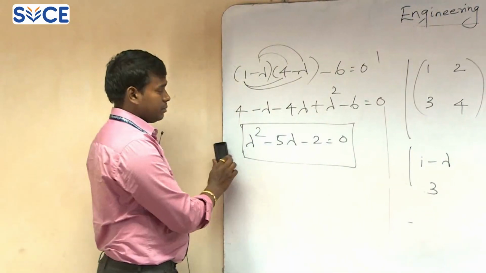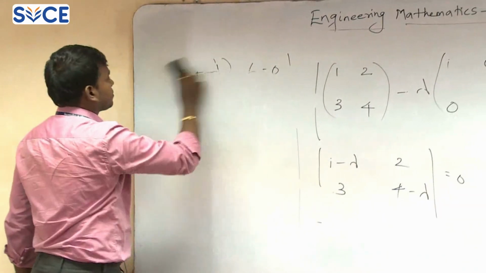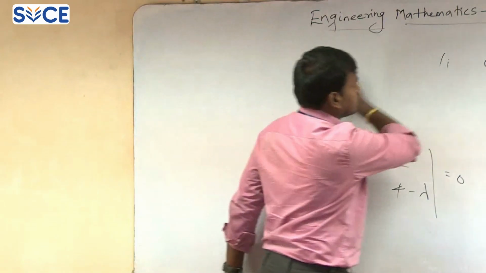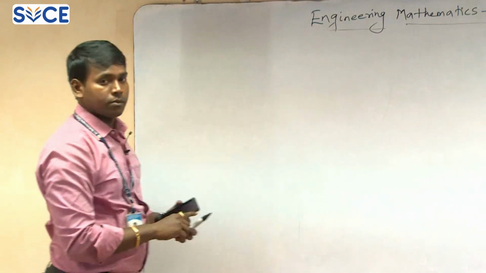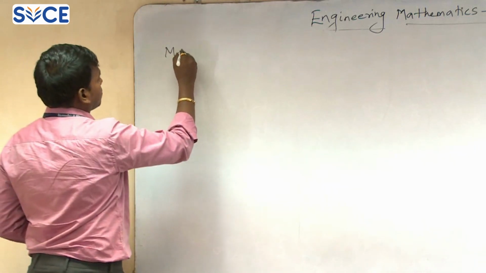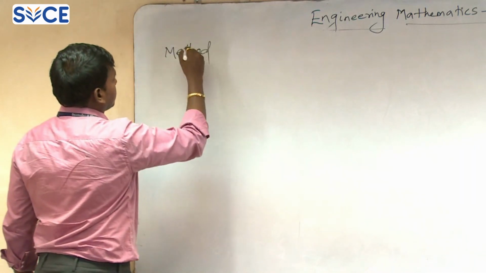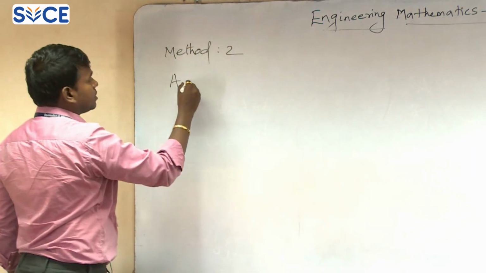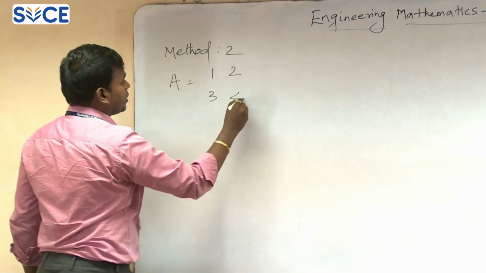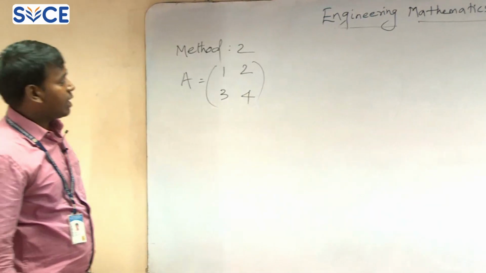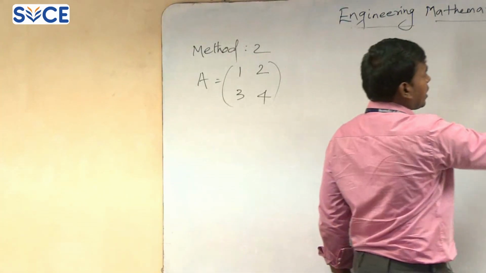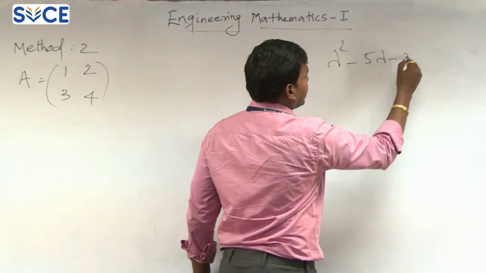Now second method. Given matrix is 1, 2, 3, 4. The same. The answer is lambda square minus 5 lambda minus 2, because we already know this from the first method.